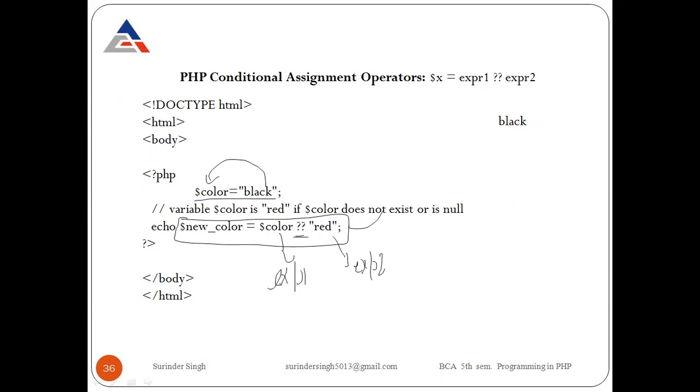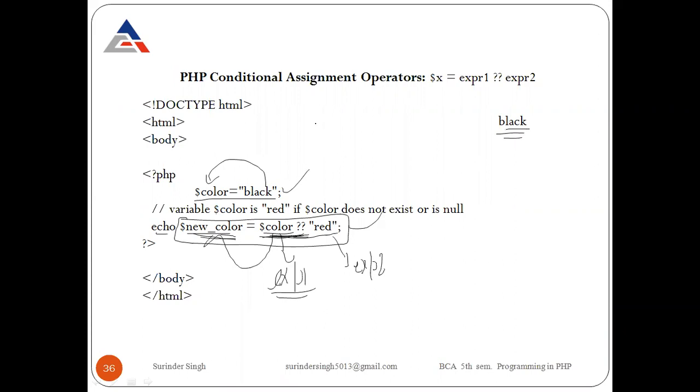If expression 1 is not empty, meaning not null, then it will assign the value of the color variable to this variable. Now the value in the color variable is black, so it is not null, and it will assign black to the new color variable. Clear? And we are printing this and it will print black.